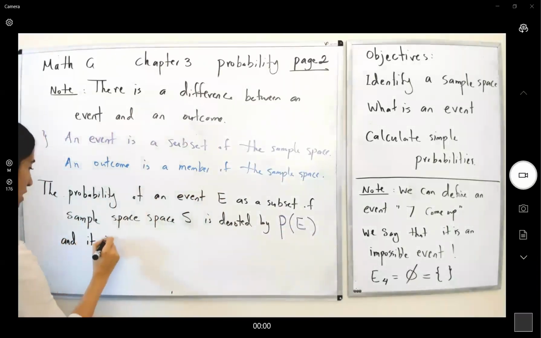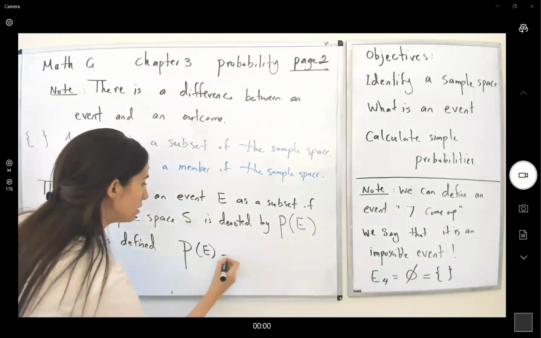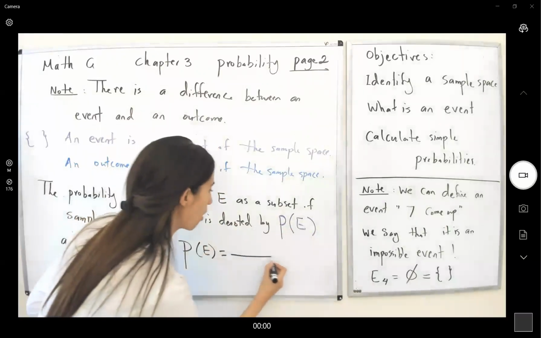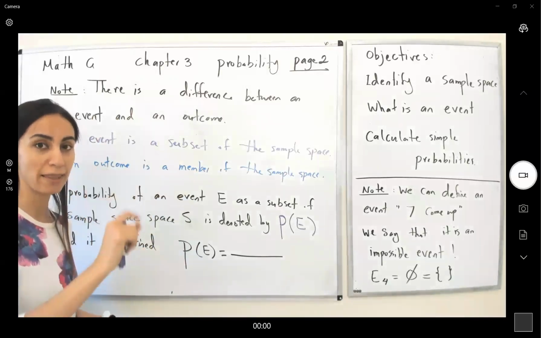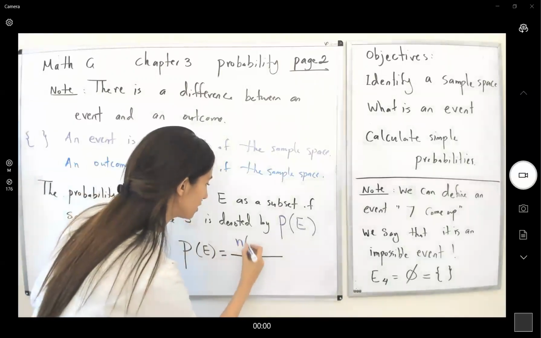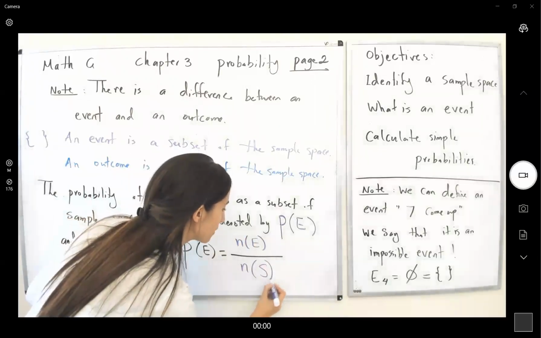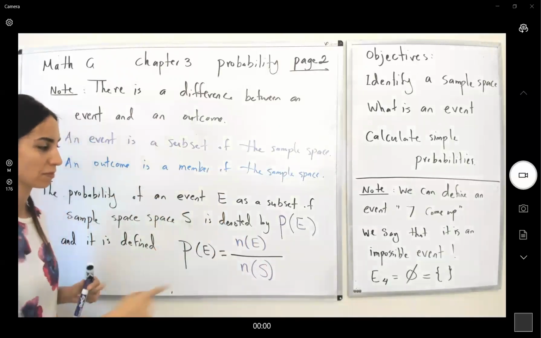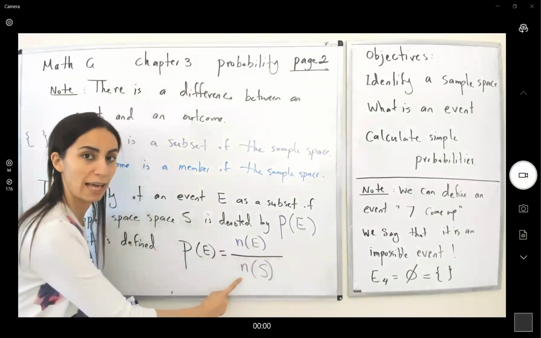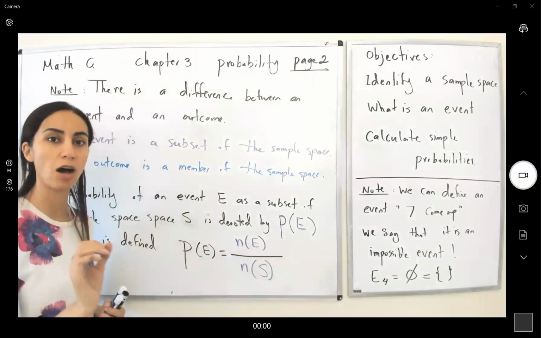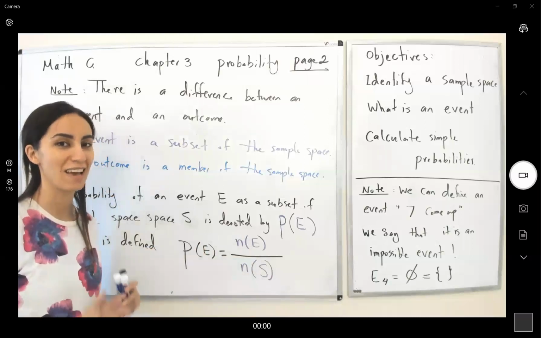And it is defined as P of E equals the cardinality of set E. So remember that for cardinality, we use N of E divided by the cardinality of the sample space S. Cardinality of set E divided by the cardinality of set S. The size of set E divided by the size of set S.